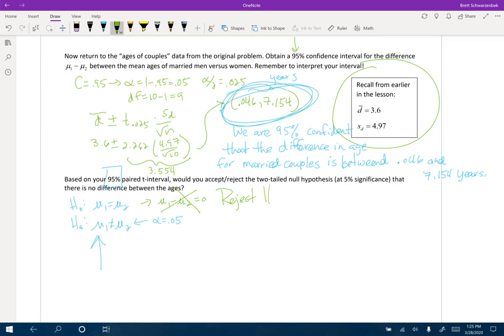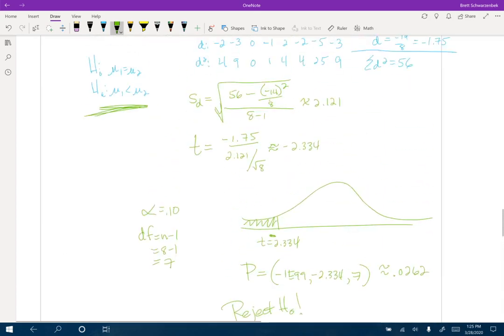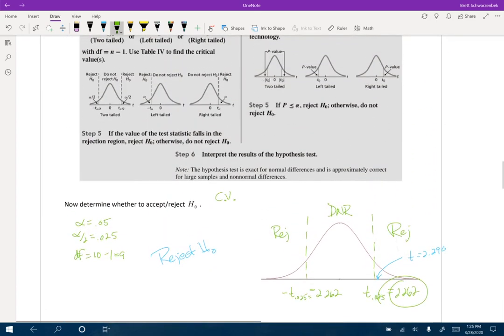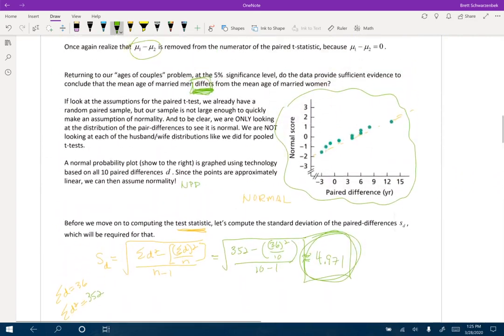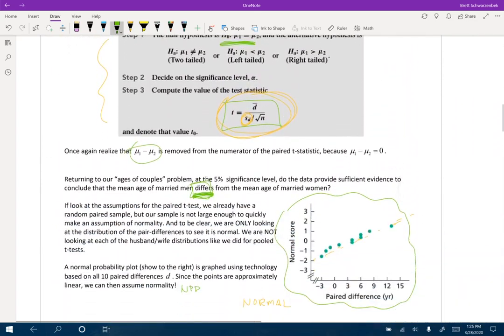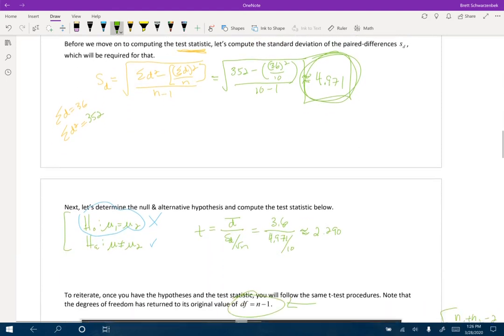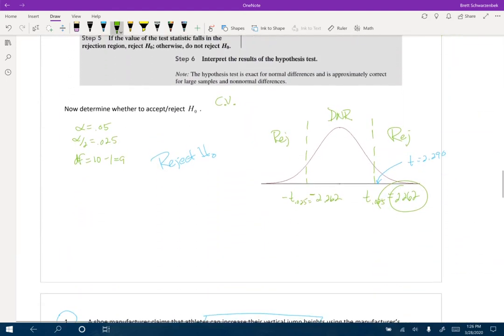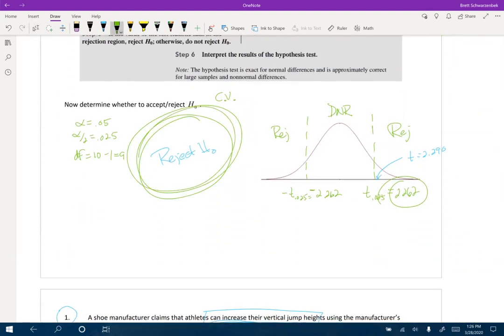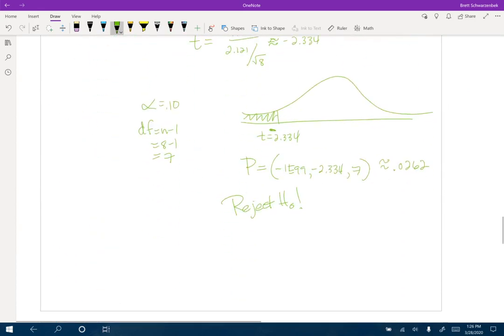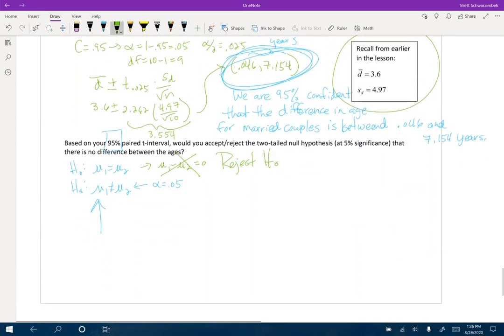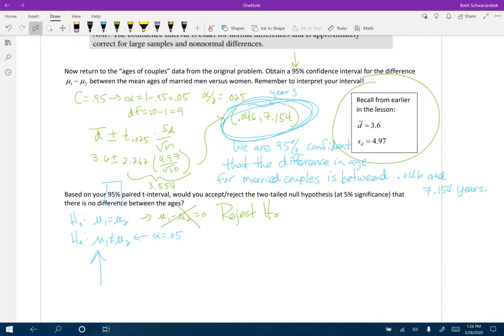So if you return to our problem way back when, we did our paired t-test, age of couples, and remember that our ultimate decision was to reject H naught. Which means, again, we can use this confidence interval, as long as the variables match up and the percentages match up with a two-tailed test, to make the same decision for our scenario.